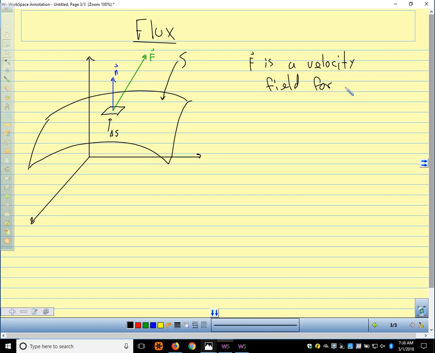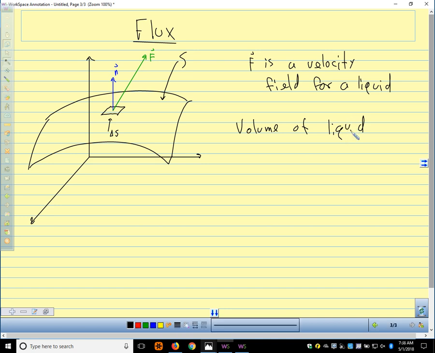For a liquid, F gives us the velocity at a particular point. So we're interested in the volume of liquid that flows through delta S. So we're thinking about the flux of the liquid.